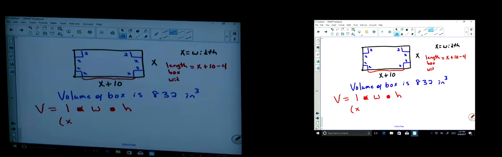The width of my box used to be x, but now it's what? x take away 4. And what's the height? 2.